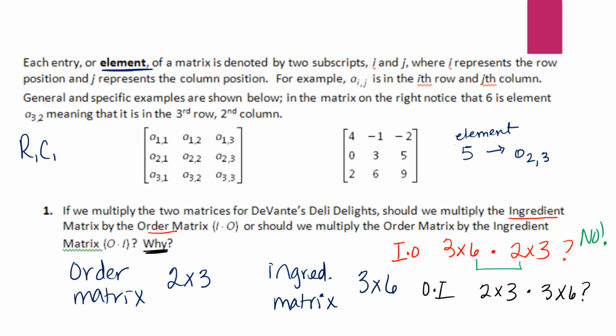Okay, does the other way work? Do the columns of the order matrix match the rows of the ingredient matrix? Yes, so you can multiply the order by the ingredient because the columns of the first match the number of rows of the second.